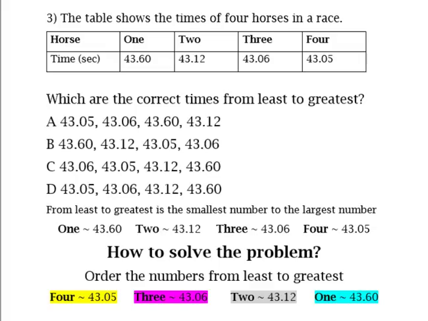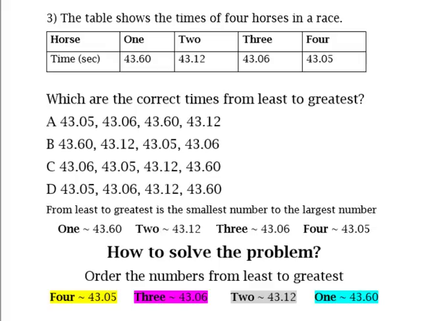And let me say again, the whole numbers, which is 43, for all of these horses are the same. What we're looking at and how we were able to list them from least to greatest is that we were looking at the number after the decimal point. So 5, 6, 12, and 60, that is in order from least to greatest, okay?